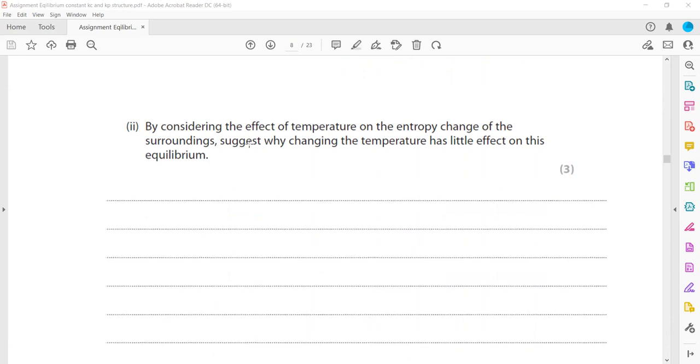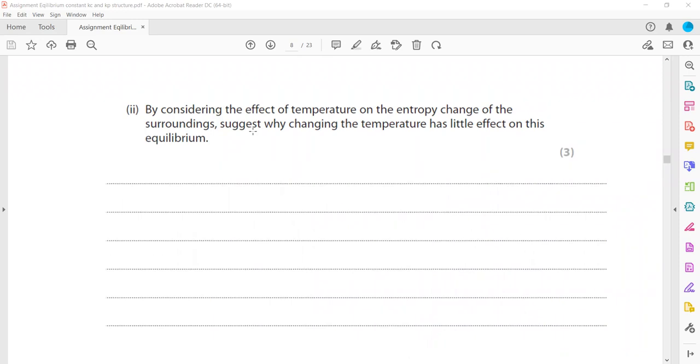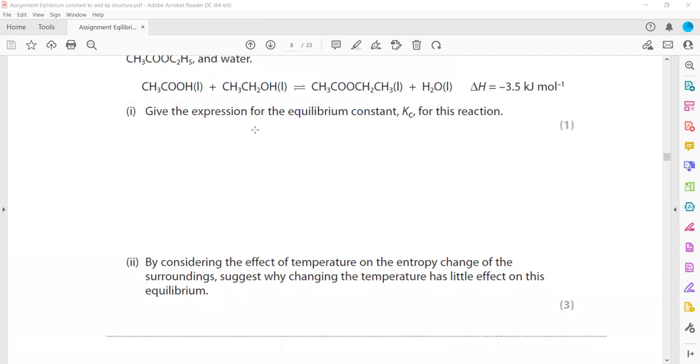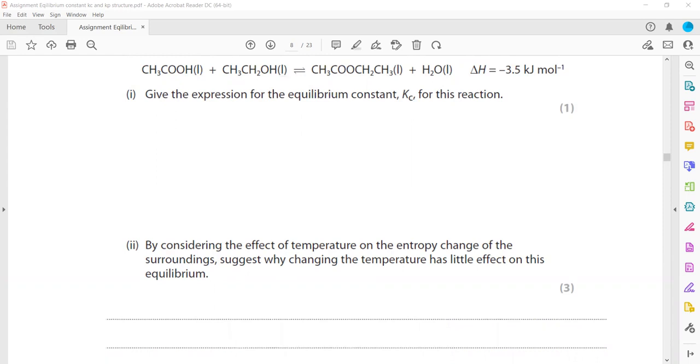By considering the effect of temperature on the entropy change of the surroundings, suggest why changing the temperature has little effect on this equilibrium. Like, when we change the temperature, it does not affect this equilibrium too much. So what is the reason for that? As you can see, the enthalpy change, delta H, is very small in this one.